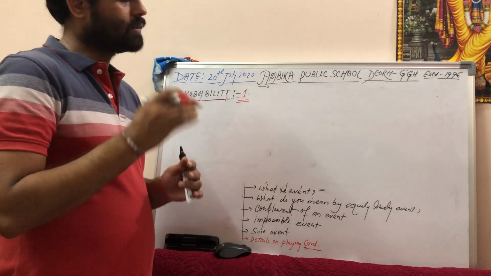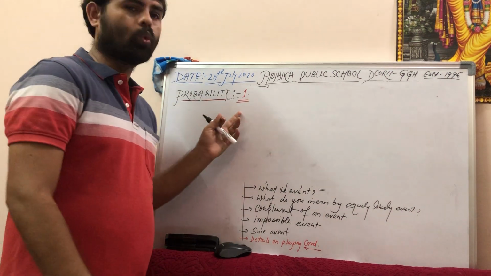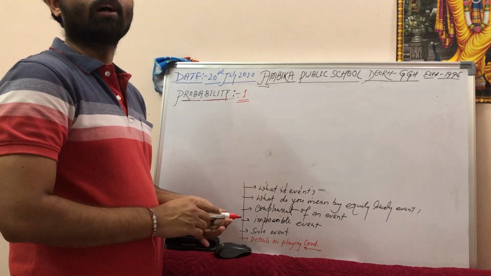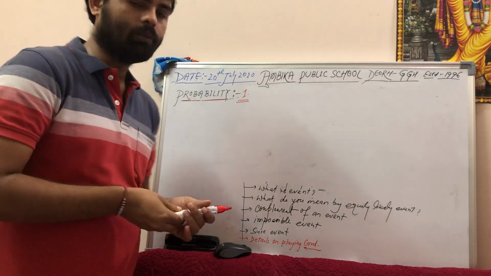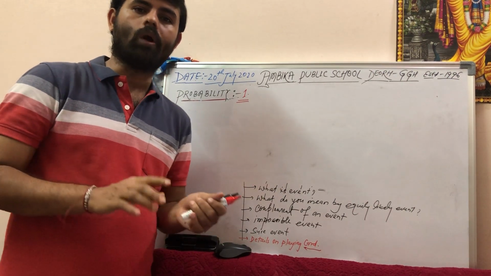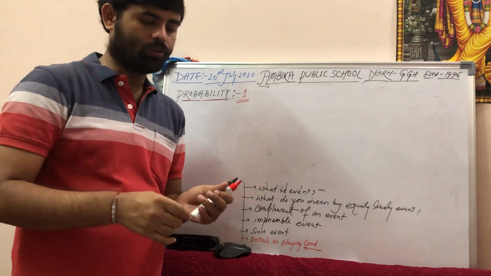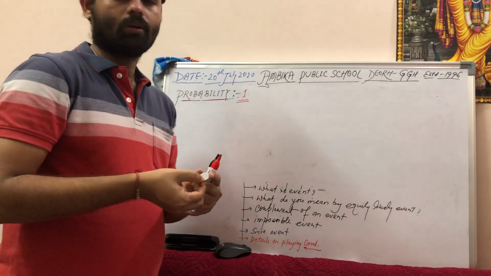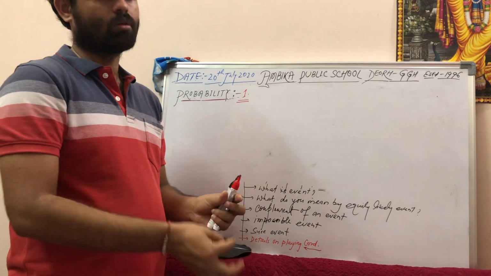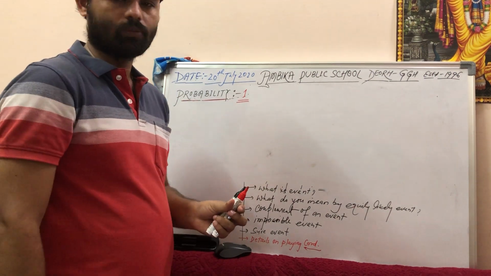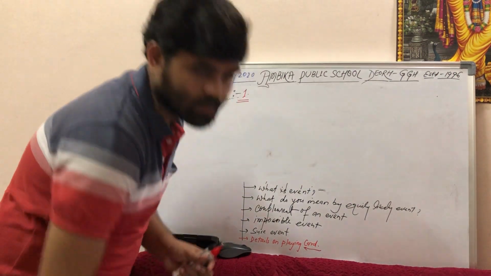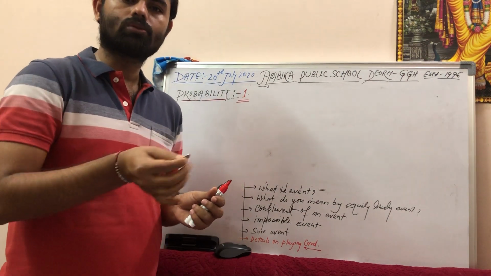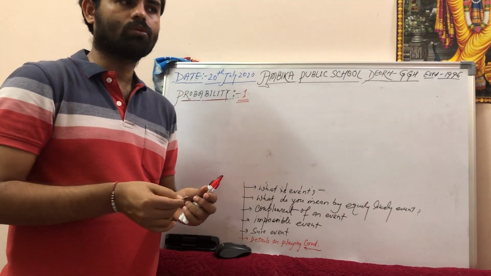Why? The thing is, a coin is very unbiased. Unbiased means, if you take this 1 rupee coin and toss it, you are not sure what will come. It is not fixed.